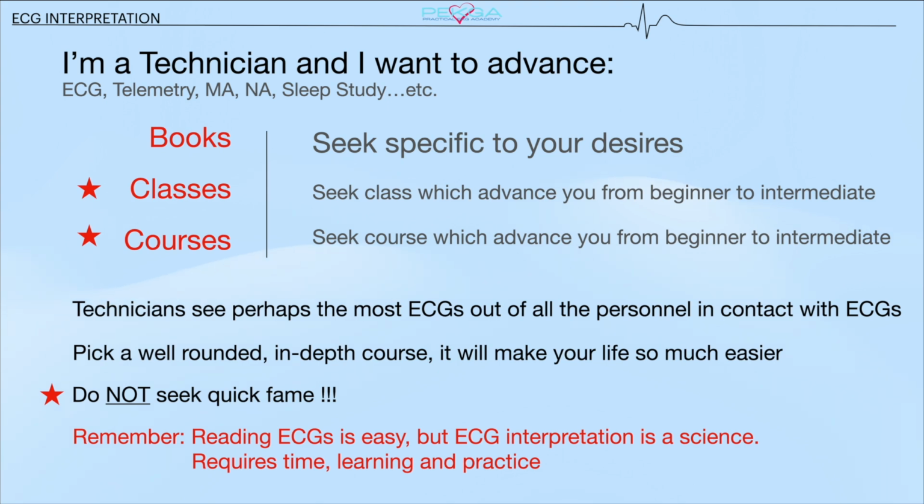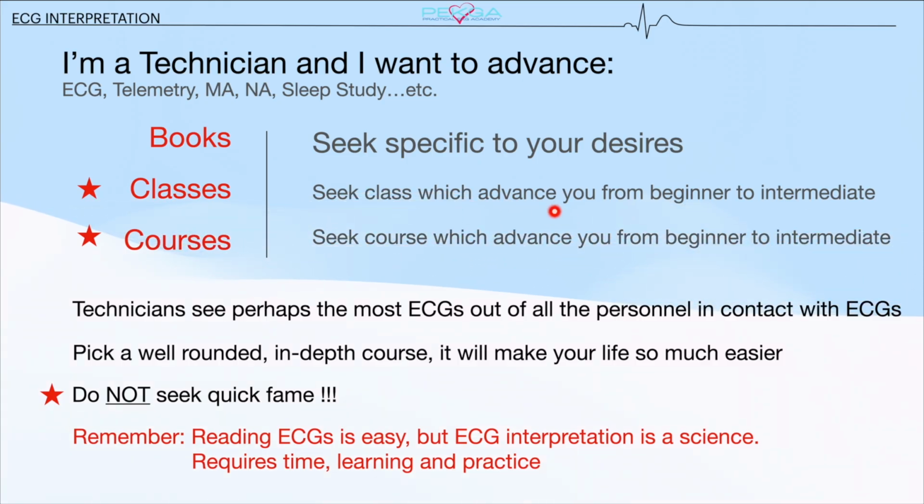Okay, you can certainly do that. Now, you're going to be looking at a ton of ECGs, and this might be a little bit overwhelming, might be a little bit confusing. Classes and courses will give you a chance to ask a question, maybe to bring in an ECG and have them explain an ECG. So it's not a bad idea. I would say that this is a much better idea than picking up books.